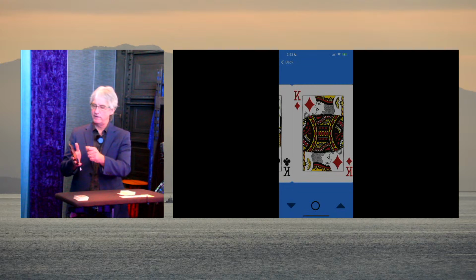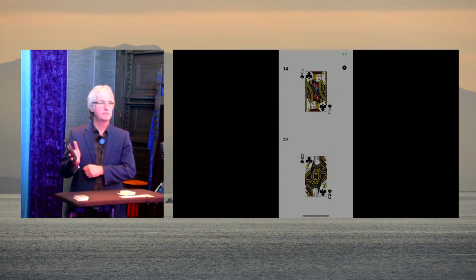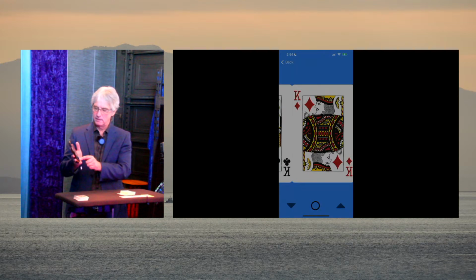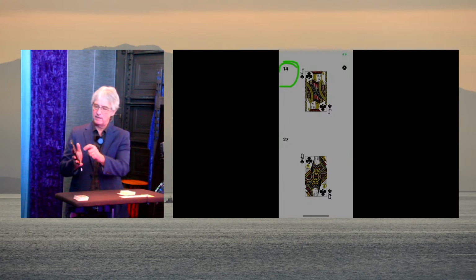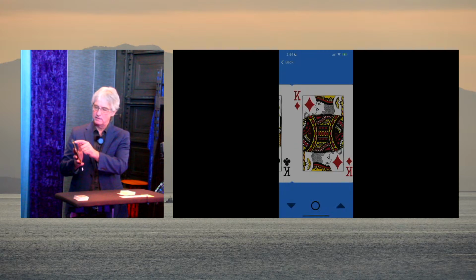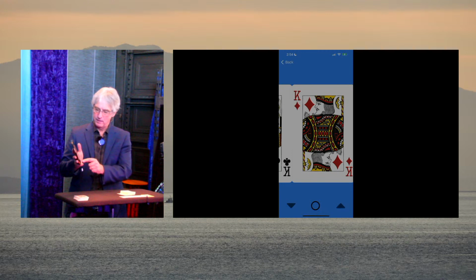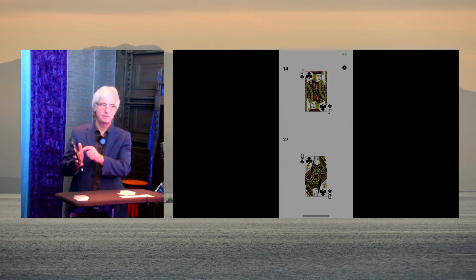Normally I don't get 2 face cards. So watch again. I tap the circle, 14, 27, I see them. I'll do it again. I close out, come back, right there. That's the 14. And then down here, if you look, you'll see the 27. Watch. 27. So that's telling me what the 2 numbers are that I need to write. So I write them however I wish.